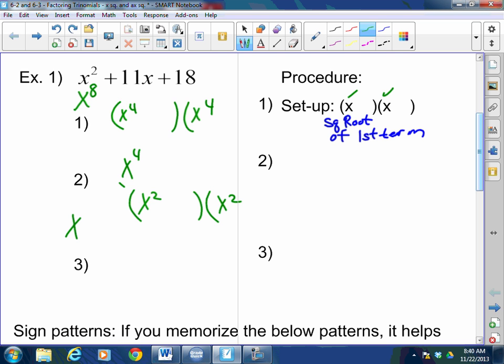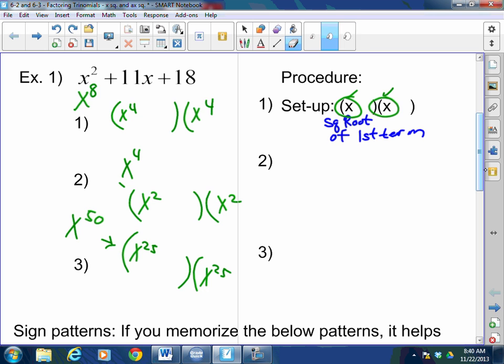If I had x to the 50th, I would set it up as x to the 25, x to the 25. So you always look at your leading term's exponent, divide it by 2, and place it into 2 parentheses to start forming a polynomial.